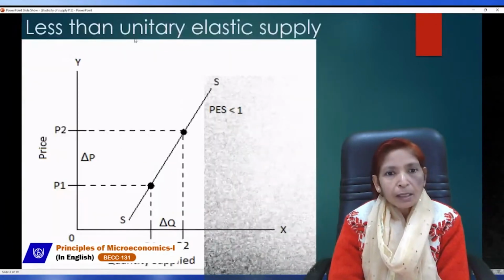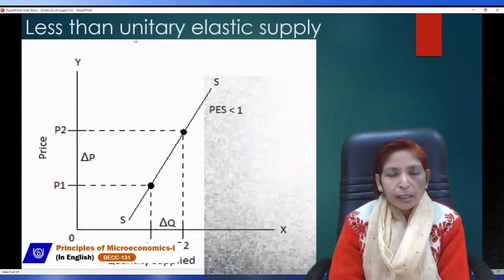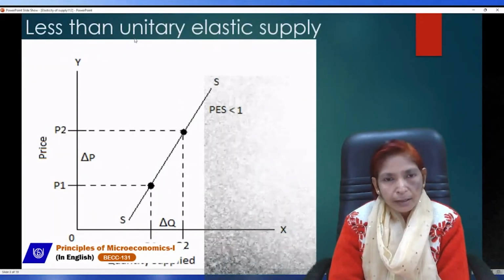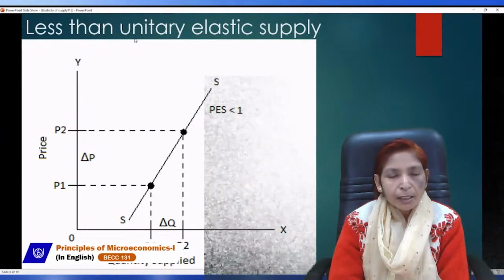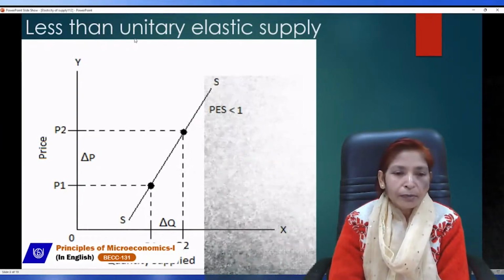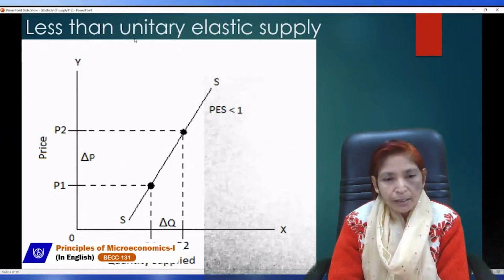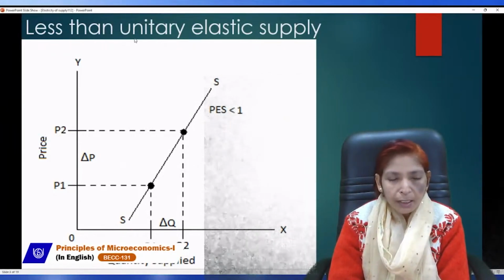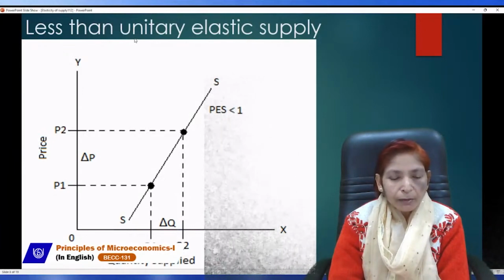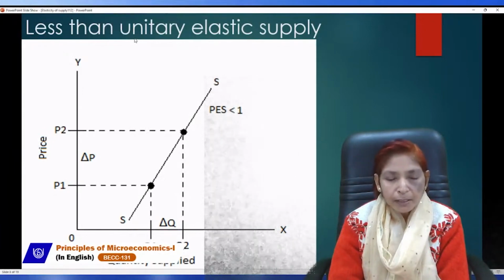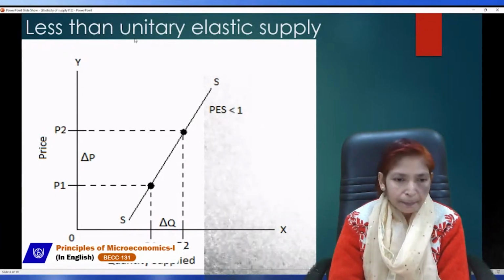Now next is less than unitary elastic supply. This is the fifth and last degree of elasticity of supply. In case of less than unitary elastic supply, the percentage change in quantity supplied will be less than the percentage change in price.